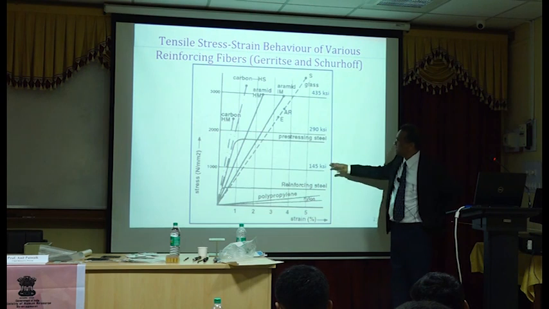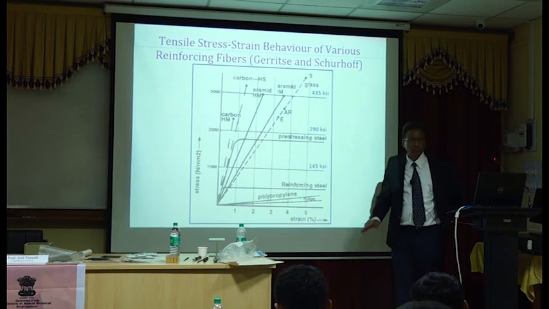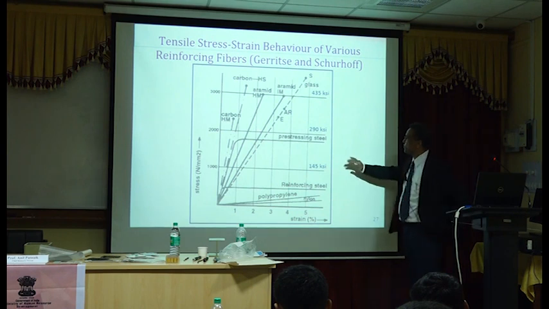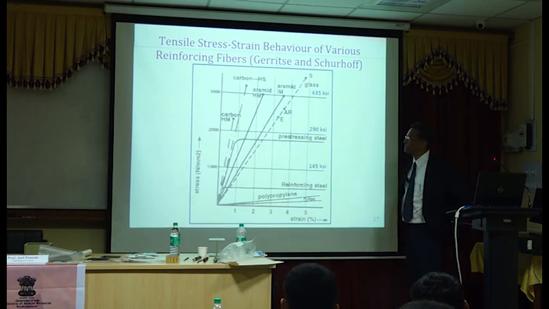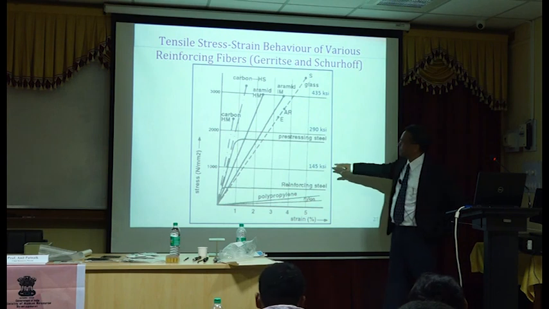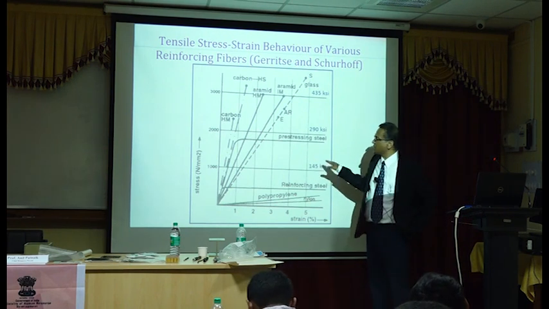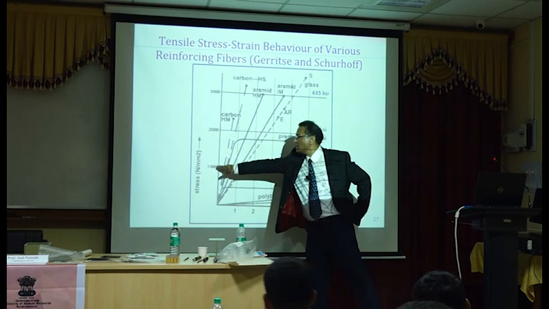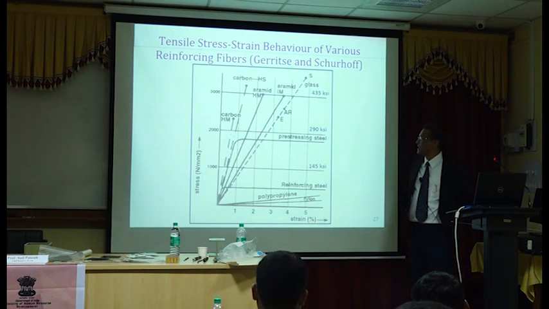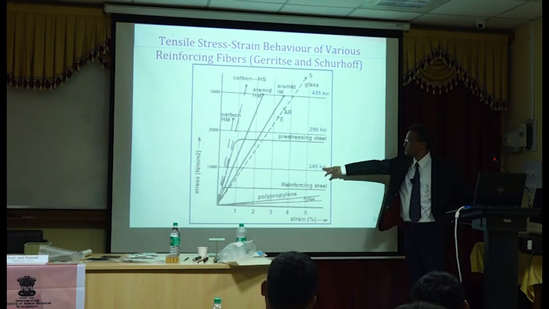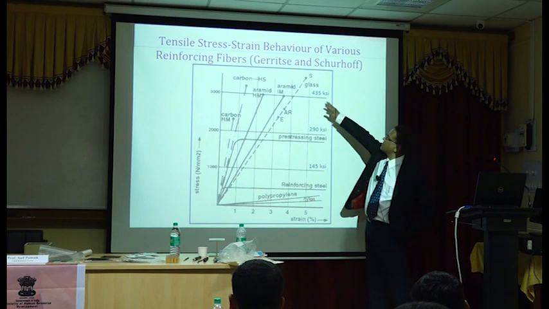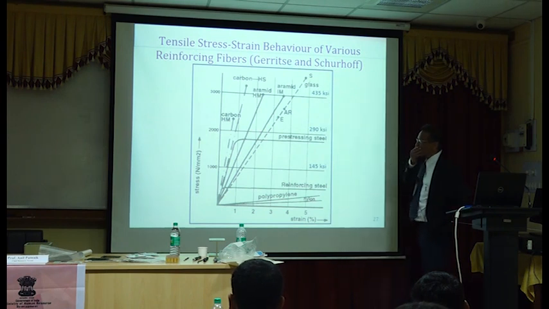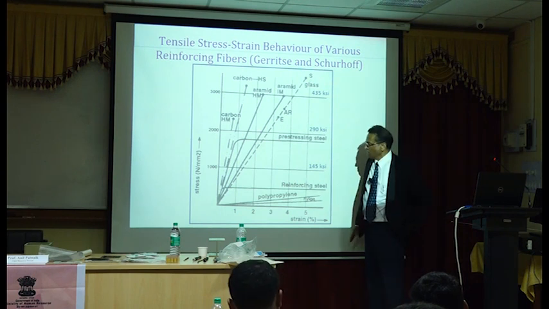Those of you who think in terms of KSI, kips per square inch, I don't think any of you will be thinking in terms of KSI. But if you want to, we have a line that defines KSI as well. So this is 145, 290, 435. So what we have here is many different materials.